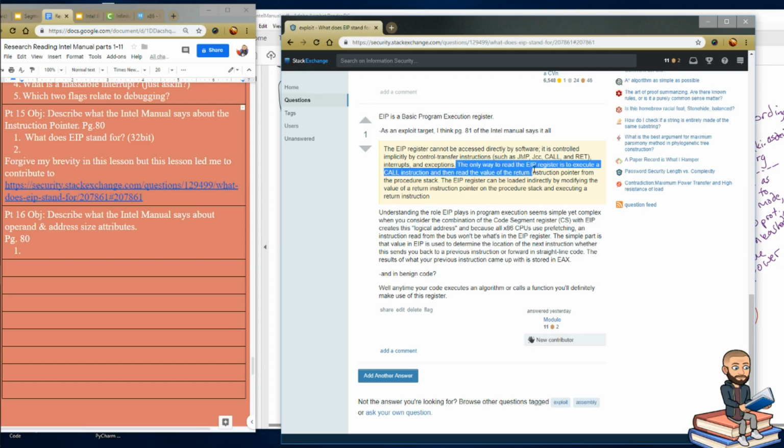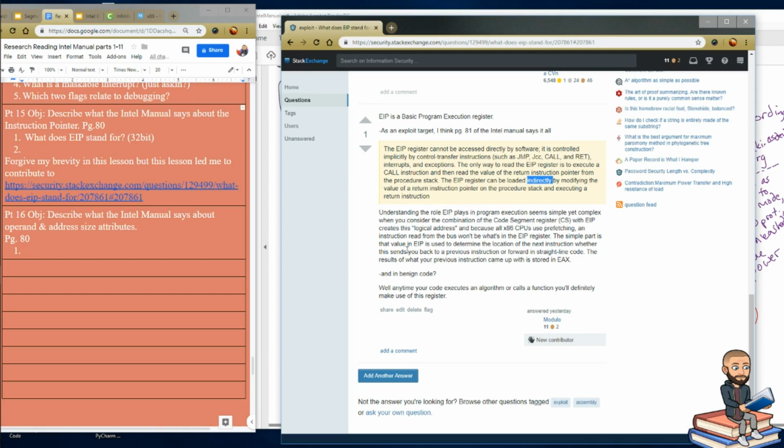The only way to read the EIP register is to execute a call instruction and then read the value of the return instruction pointer from the procedure stack. So you have to do all that trickery. And the EIP register can be loaded indirectly by modifying the value of a return instruction pointer on the procedure stack and executing a return instruction. So I think the key word right there being indirectly.